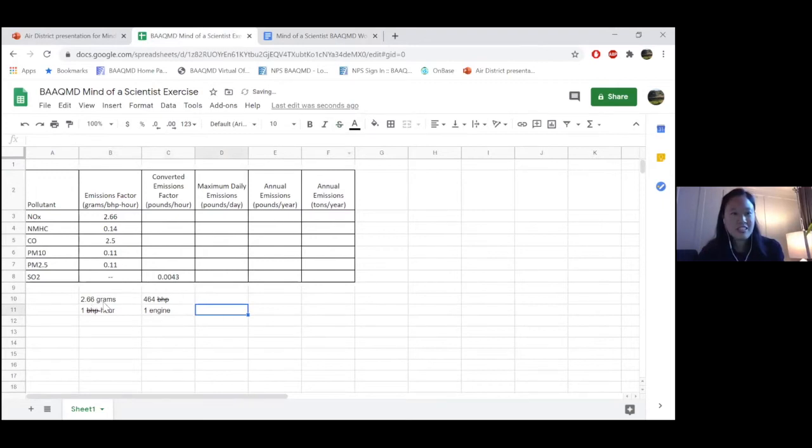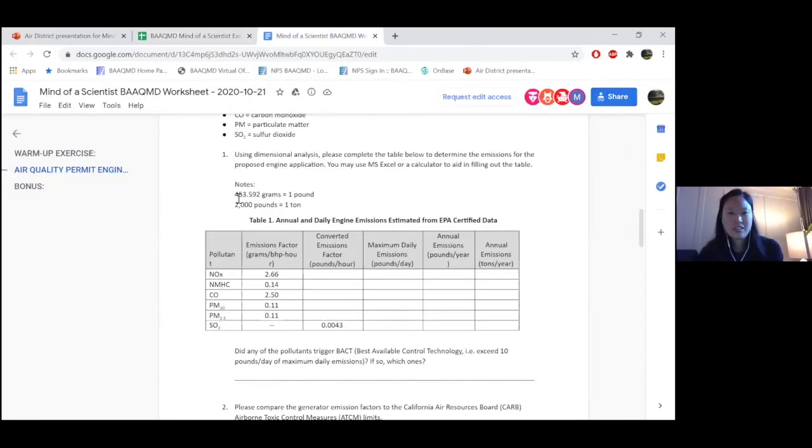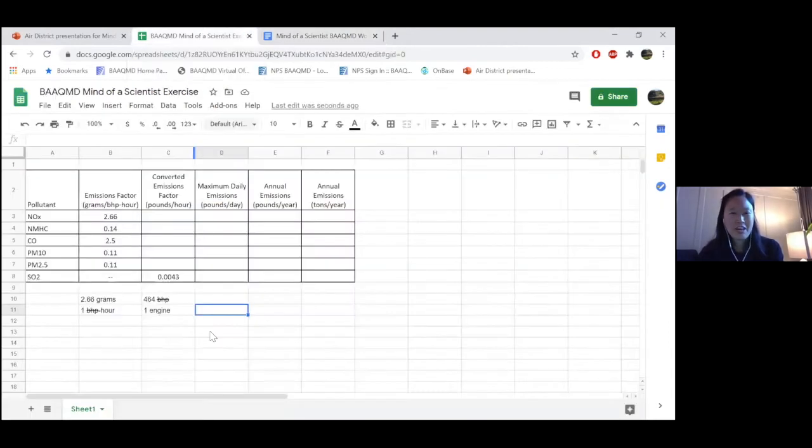And then I need to convert grams to pounds per hour. So that conversion factor is given here. So it's 453.592. Let's see if I can memorize that.